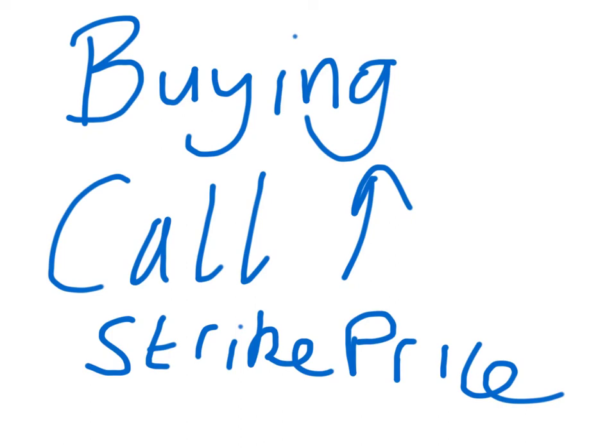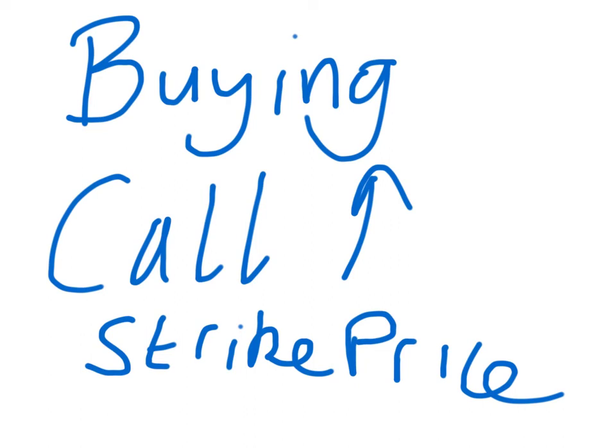If you were buying an option on a house, if you had the option to buy that house for, say, £100,000, and the house was actually worth £300,000, then you would have a valuable option. If you had the right to buy that house at £500,000, and the value of the house was £300,000, then that option wouldn't be very valuable at all. So strike price is key in gauging the value of the option.